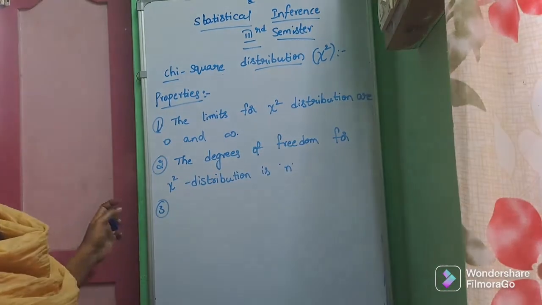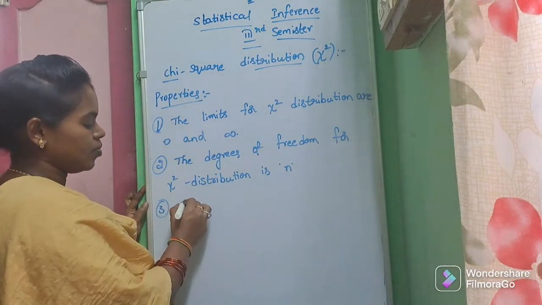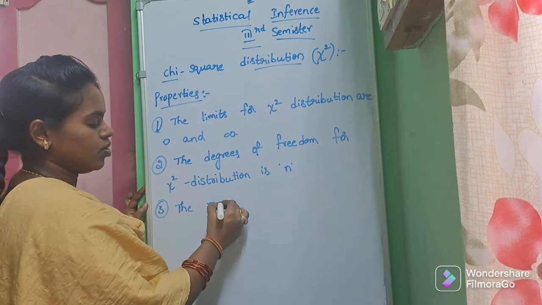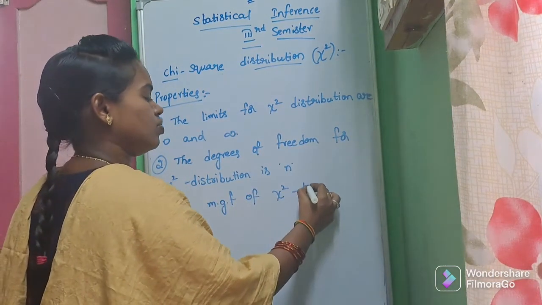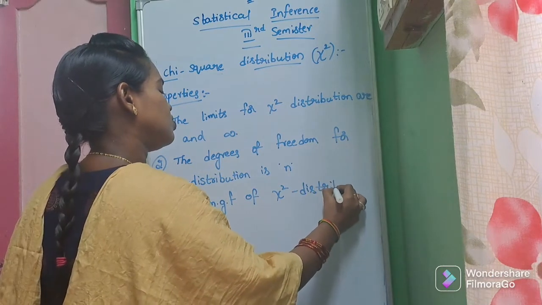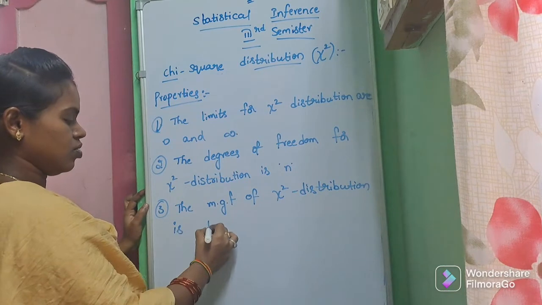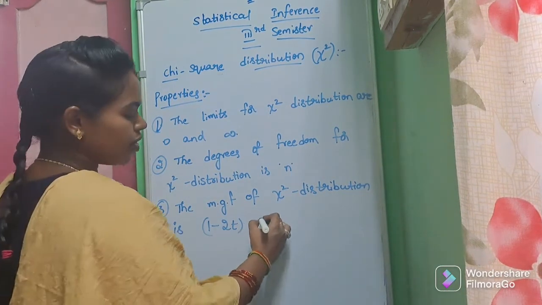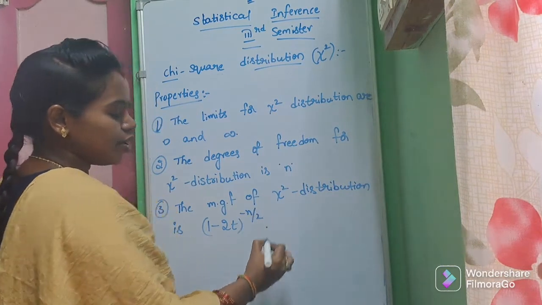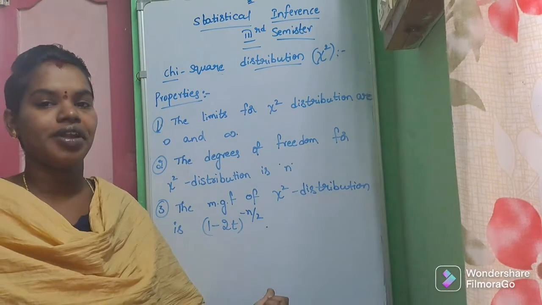And next, the third property: the MGF of the chi-square distribution is (1 minus 2t) whole power minus n by 2. MGF means moment generating function.